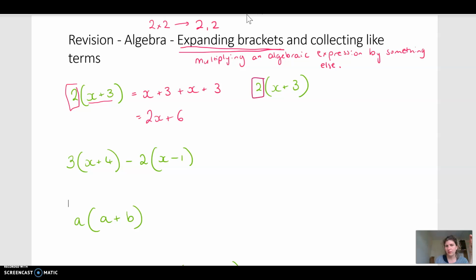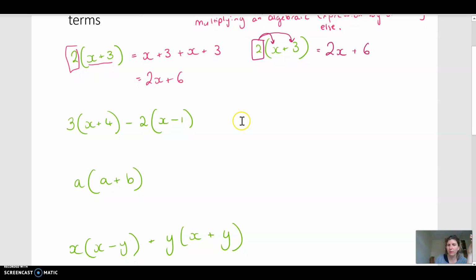And I want you to do this by drawing an arrow to everything that you're multiplying. So if we're timesing everything by 2, we first times the x by 2, and we get 2x. Then the plus stays the same, because there's no change of sign, so we still have a plus there. And then we multiply the 2 by the 3, which gives us 6. You can see there we get the same answer in both cases. But this way is just a little bit quicker and easier. It doesn't involve collecting any like terms at the end like we did here.